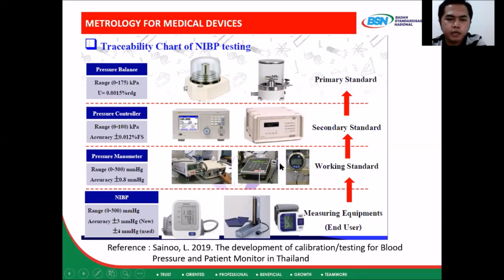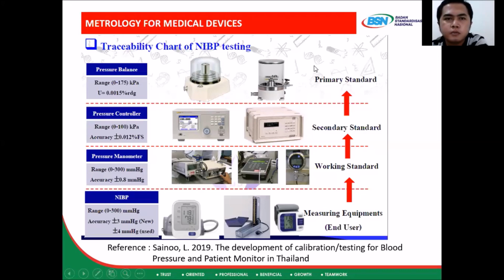However, their working standard itself should be calibrated regularly to the secondary and to the primary standard. This is to guarantee that the traceability chain is unbroken. There is no missing link between the measuring equipment and the primary standard.